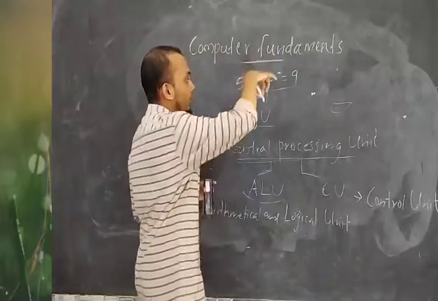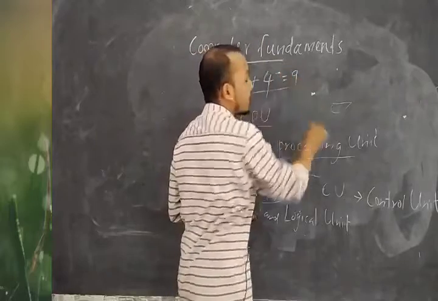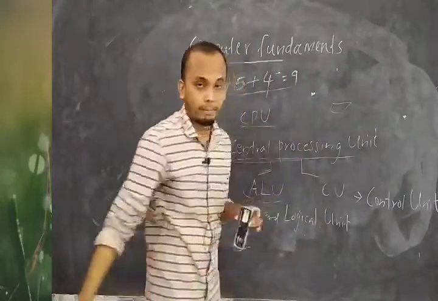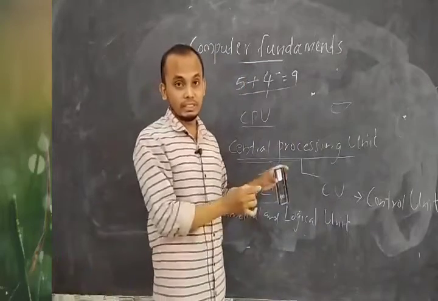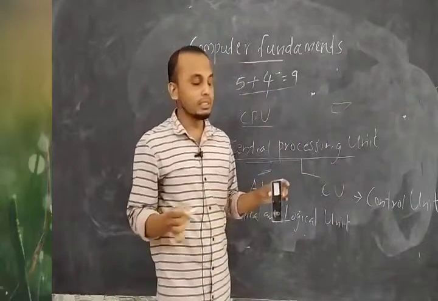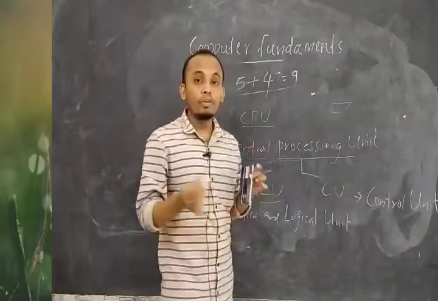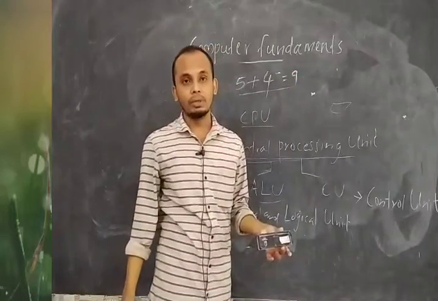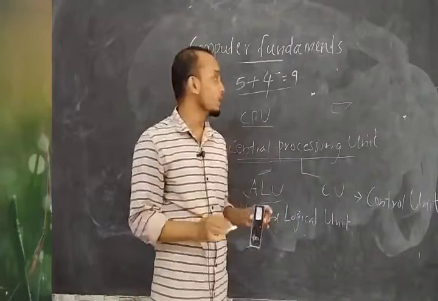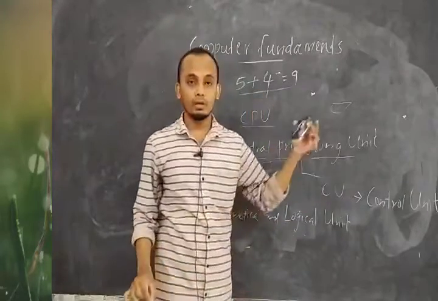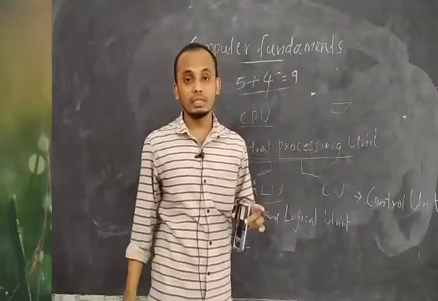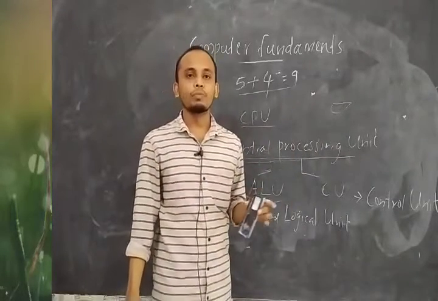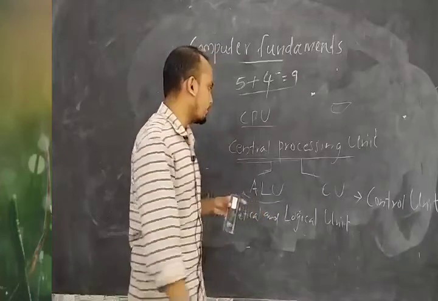When you press equal button, we will get the result as 9. Okay, in between these, who will help for getting this result? CPU will help. CPU will process that data, 5 plus 4, finally we will get the result 9 with the help of output device like monitor, printer, etc.